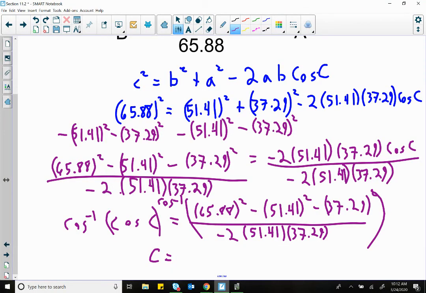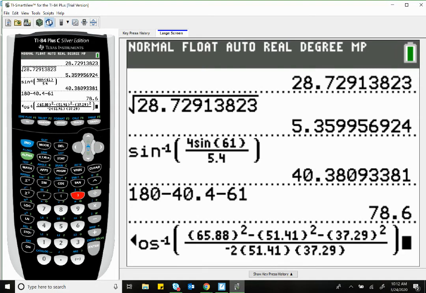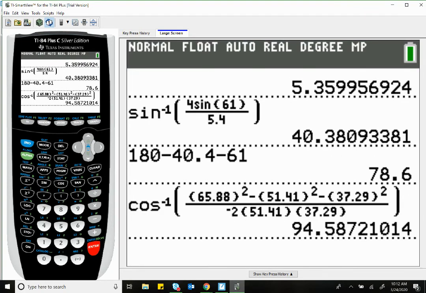And then all over negative 2 times 51.41 times 37.29. Again, let that calculator do all the hard work for you. Close it off. And this will tell us what our largest angle is. And boom, there it is.